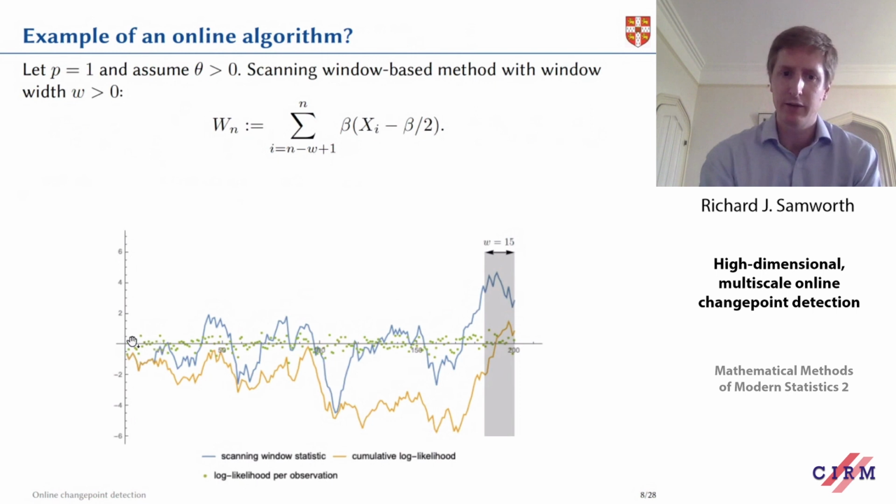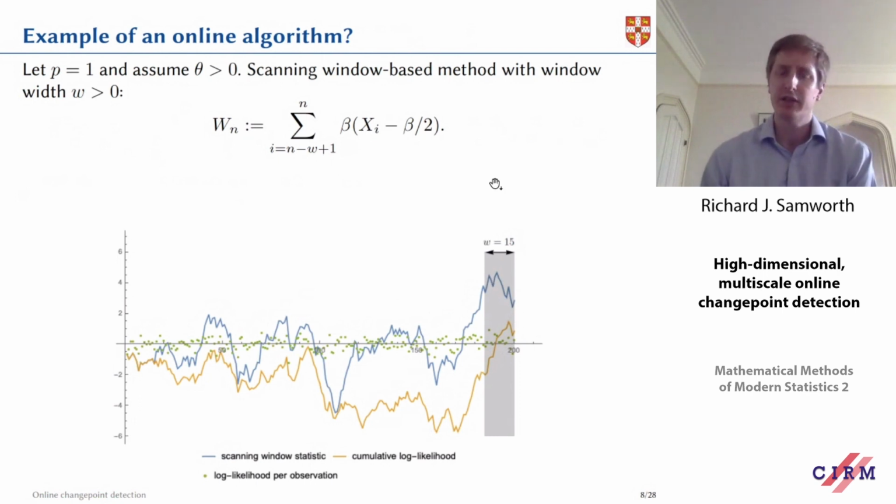So again, now we've got these dots, which are the log likelihood of each observation. We've got the orange curve, which is the cumulative log likelihood, and the blue curve is obtained by looking at the difference between the orange curve at the current time and where it was W observations ago, in this case 15 observations.